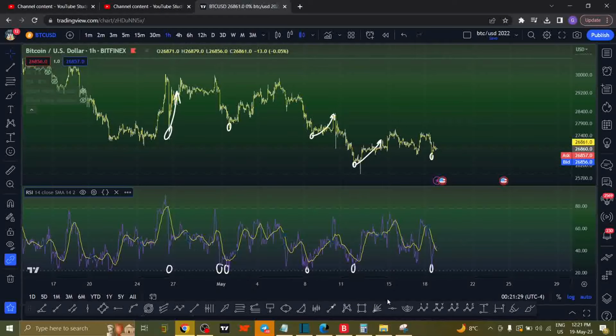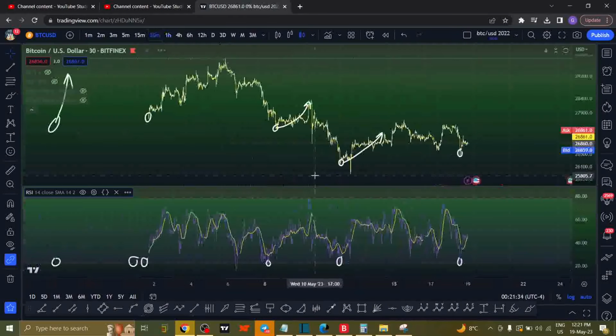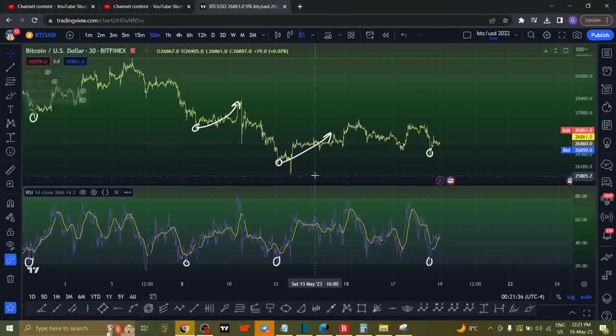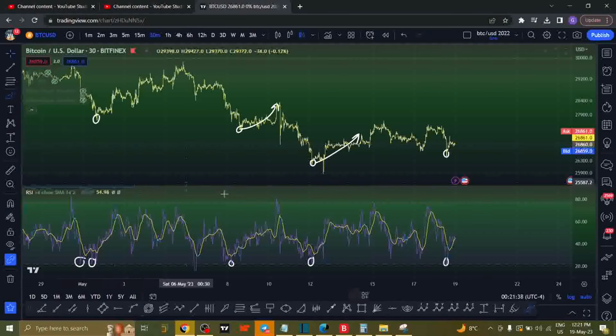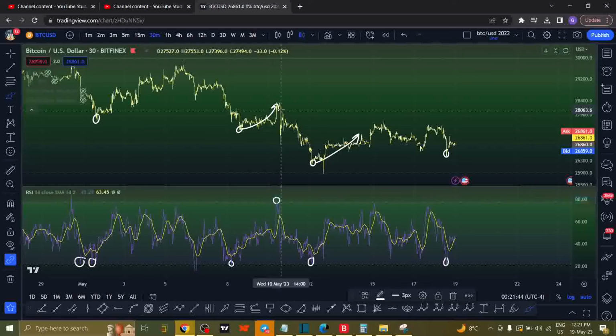By doing so, this will give you possible sell zones on the 30-minute chart. For example, right over here, we triggered our 78 index, which signaled a sell zone right up here. And no surprise, we went for a major pullback.